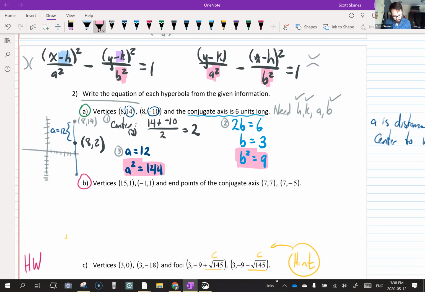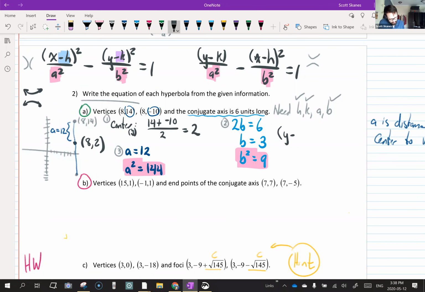Okay. Hopefully that's not too much to take in. Now, of course, we need the equation. What style of equation is this going to be? Well, it's going to look like this. I know that because the vertices are up and down, which means it's going to cross the y-axis. So long story short, it's going to be y minus k. What's my k?